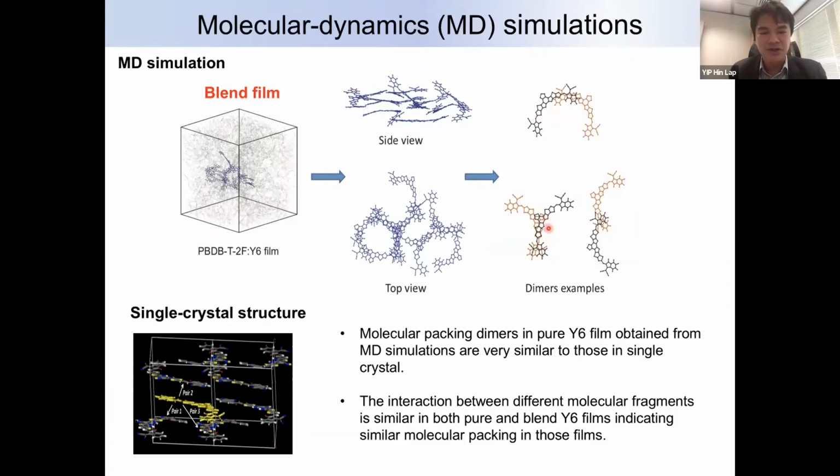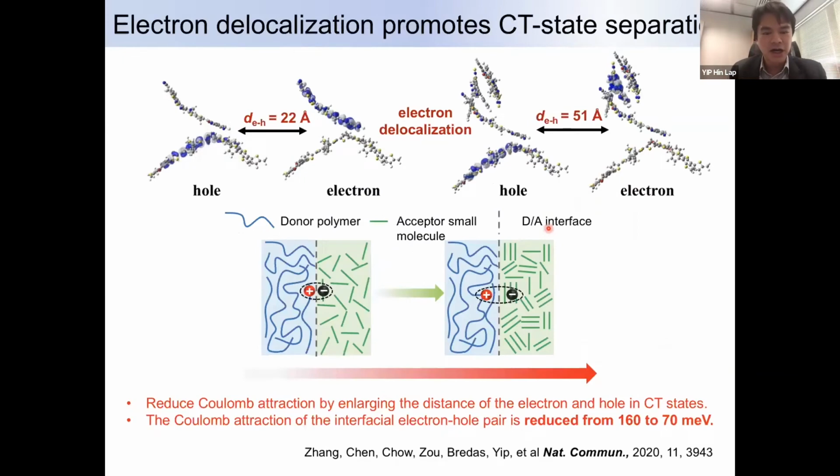That allows us to further analyze the exciton binding energy within this blend film. So we take the optimized packing from the molecular dynamics simulation. We find that if we only have one acceptor close to the polymer, when the light shines on this material and generates the exciton, the electron and hole distance is about 2 nanometer.